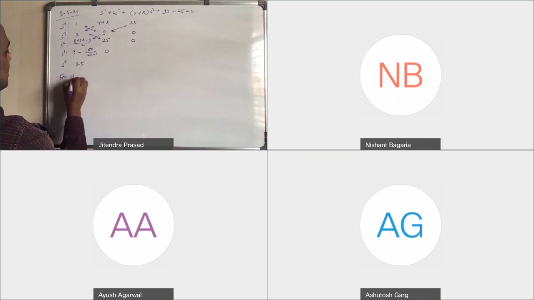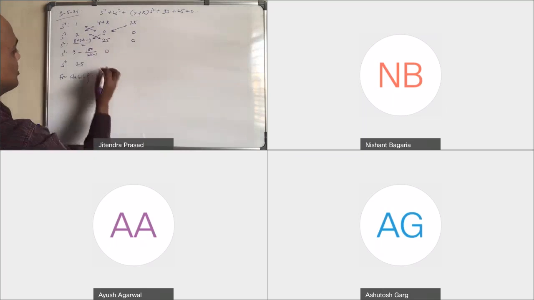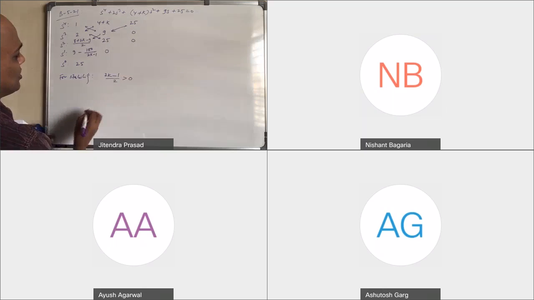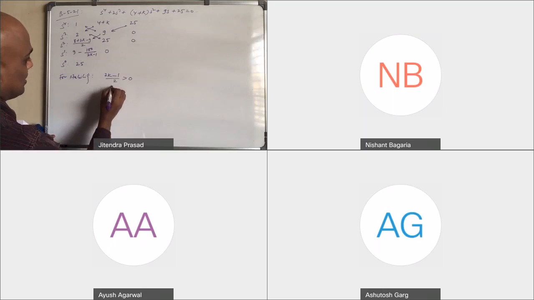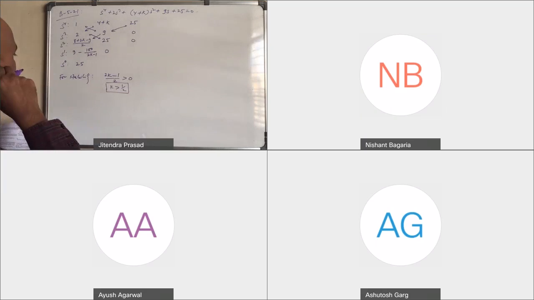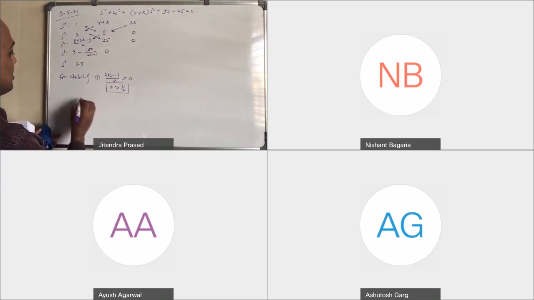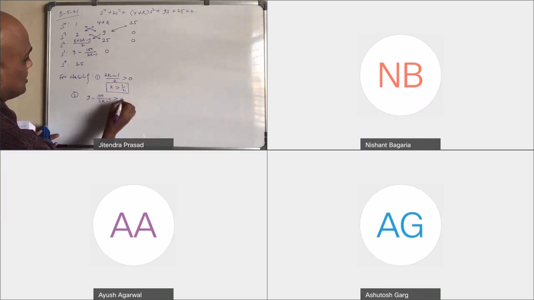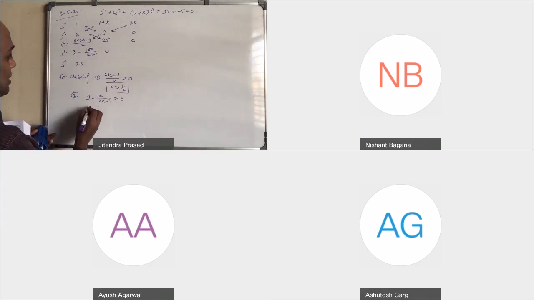So for stability, this one, 2k minus 1 divided by 2, has to be greater than 0, and what that really means is k greater than 1/2. So that's one you get.